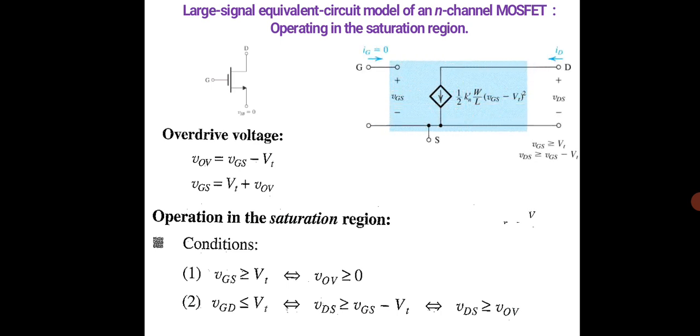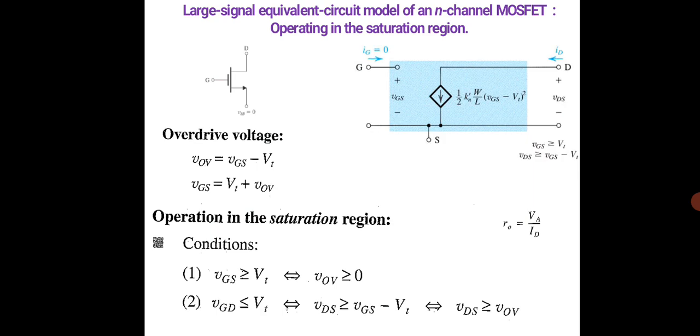So this is actually the model represented over here, and here you can see the gate source voltage, which is mentioned as VGS. There is a gate current IG and similarly drain current ID, and we have the conditions over here, which is VGS greater than or equal to VT, and similarly VDS is greater than or equal to VGS minus VT, and you have the current flowing, which is given by the expression put in the blue square box.